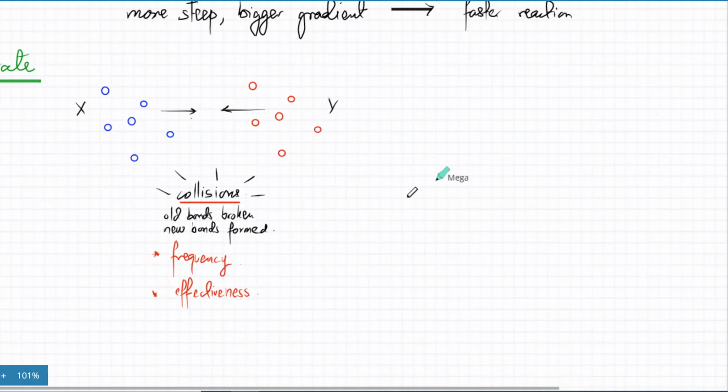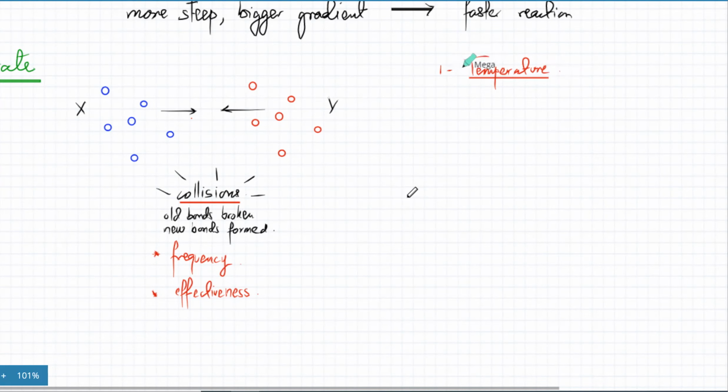Now, there are 5 factors on which everything depends. Factor number one on which rate depends is temperature. So when you have higher temperature, you've got more kinetic energy.